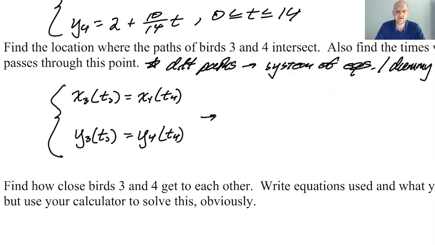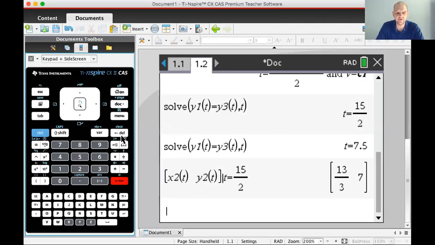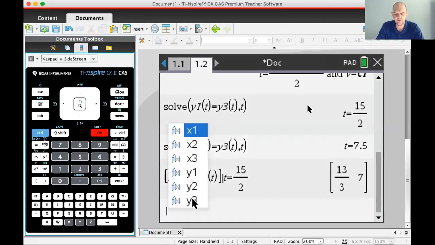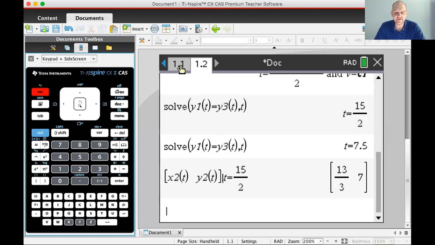So let's go back. I didn't yet add the equations for x4, y4. Right now I have x1 through 3, y1 through 3. Hold on. Ugh. All right, what are we going to do? We're going to go back here.